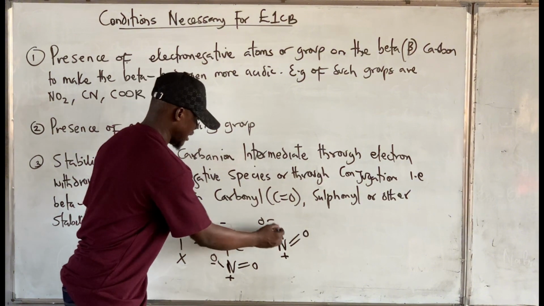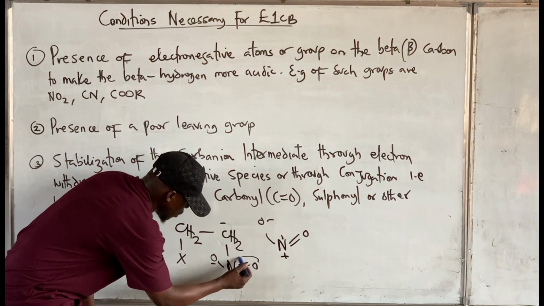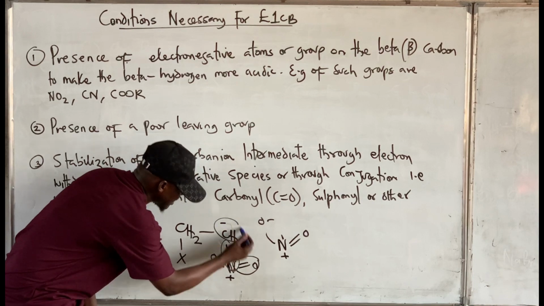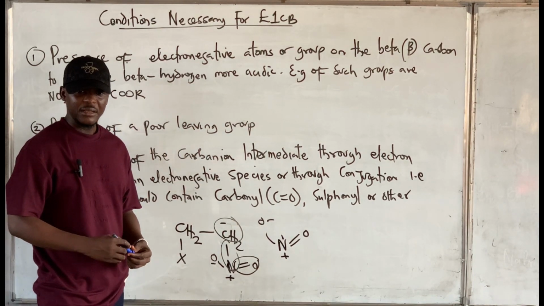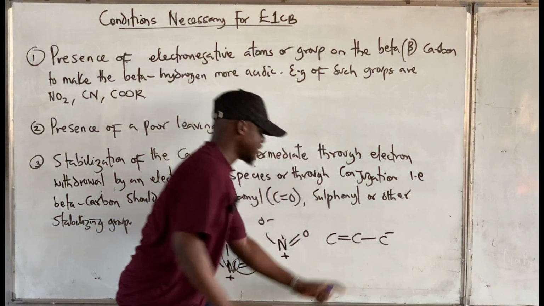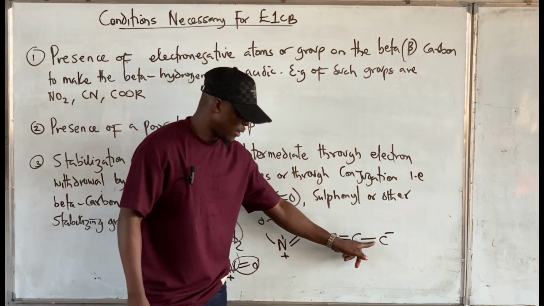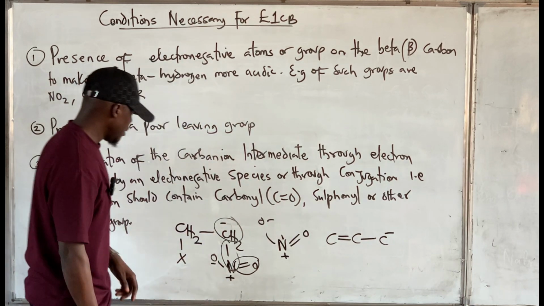Remember, in a conjugated system, there is a double bond, a single bond, and a negative charge. If I have a double bond separated from a negative charge by a single bond, this is a conjugated system.